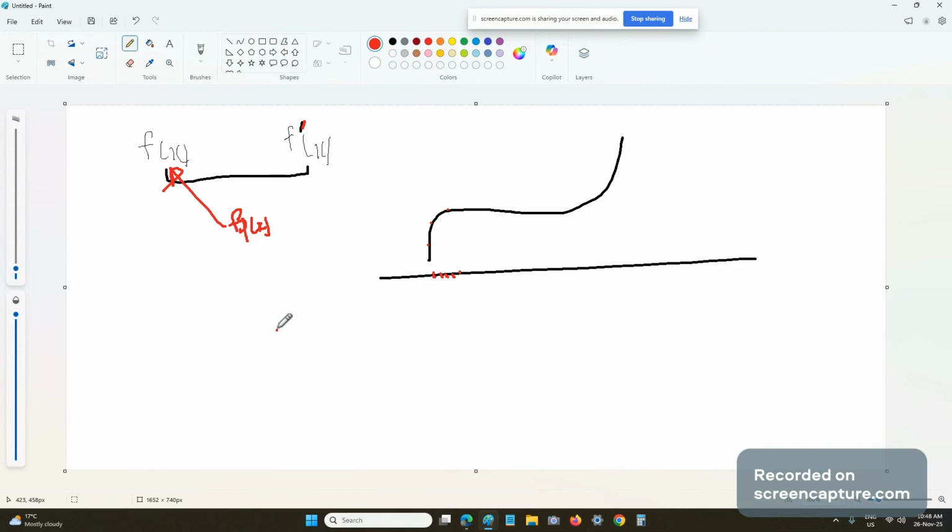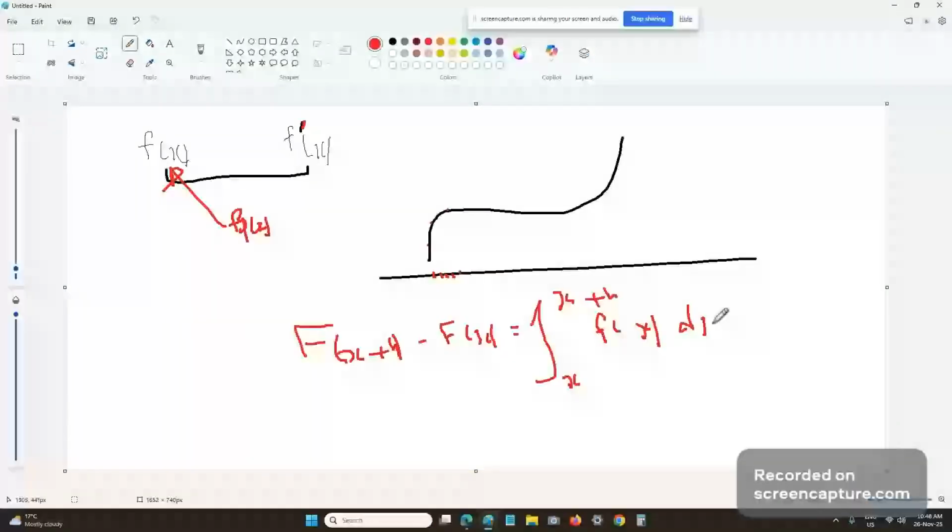Now, how do I know that your mainstream math professors don't understand these things? Because for centuries they wrote this: f of x plus h minus f of x is equal to the integral from x to x plus h of f of x with respect to dx.